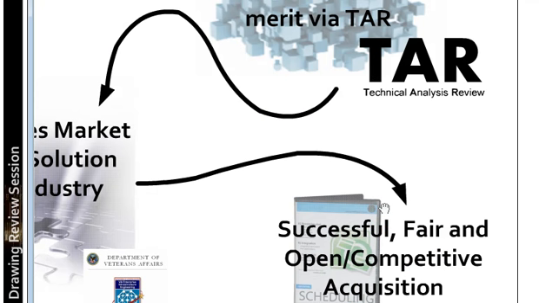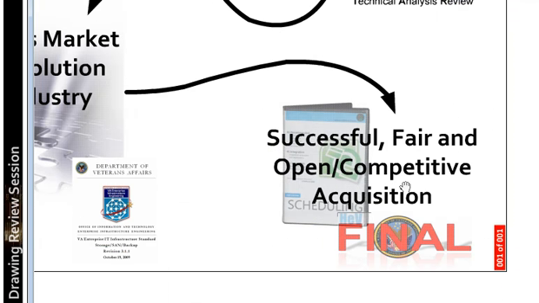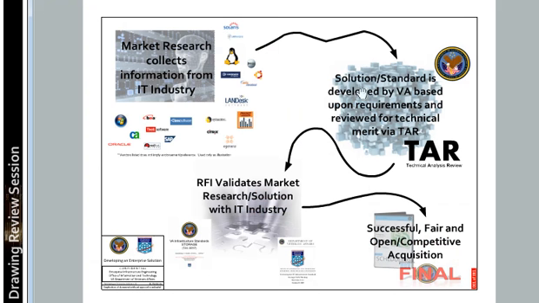When we allow ourselves in our environment to align to market research, we do our market research, we develop our standards, implement some form of governance, revalidate what we've done in the first two steps back with industry again, and then we go out to market to do acquisition.